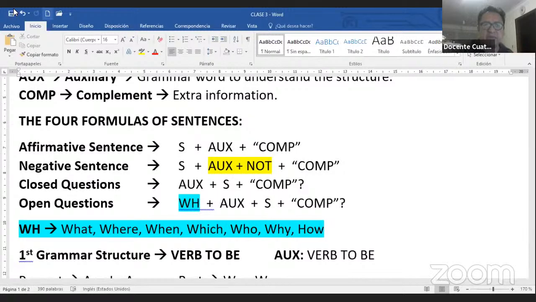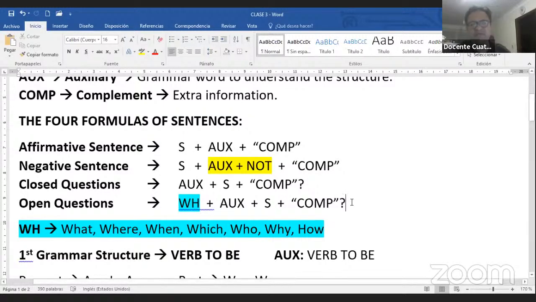It's the same idea, but just be careful with the not. Gabby, which is the formula for the closed questions? Auxiliary, subject and complement. Exactly. It's very similar to the affirmative sentence, but exchange subject and auxiliary. Move the parts.